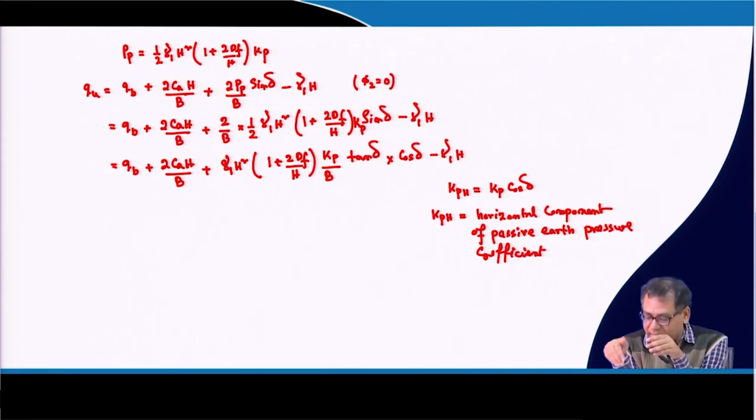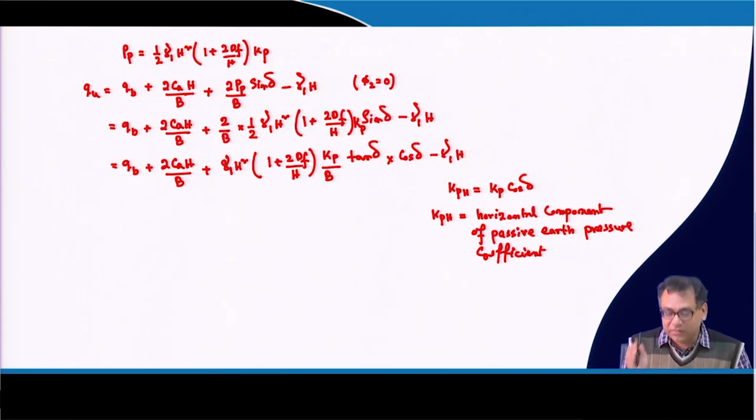If I take cos delta, that will give you the horizontal component, so Kph is the coefficient which gives only the horizontal component, not the vertical component. Remember that it is not the resultant. Kp is the resultant part, and Kph is the horizontal component of the earth pressure coefficient, because this is the way all the charts are developed, where Kph is considered, the horizontal component.